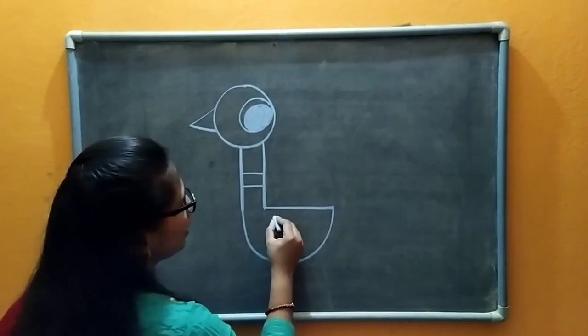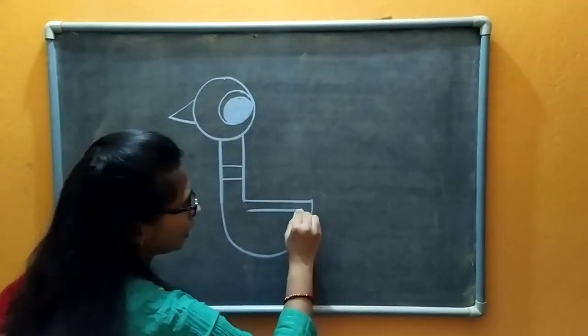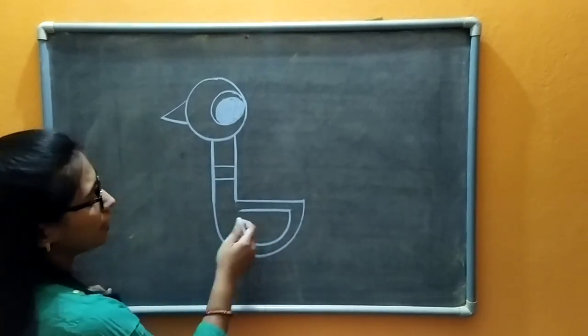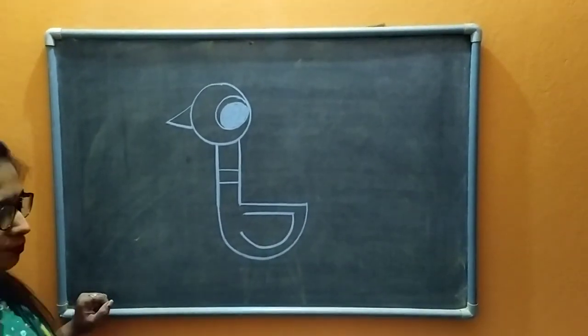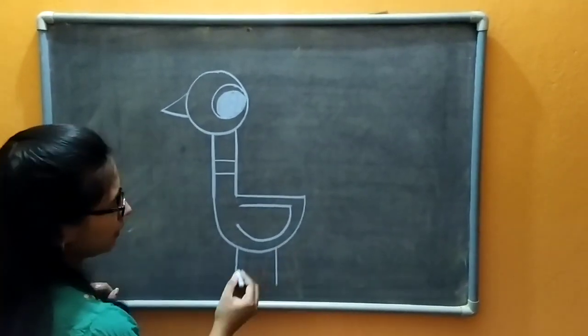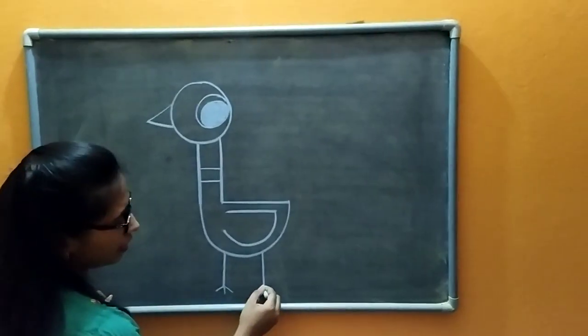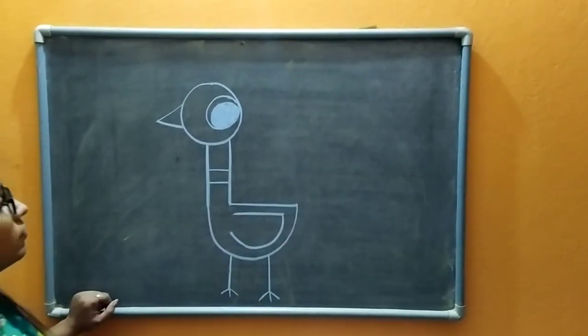Fine. Then I am going to draw wings. One sleeping line and turn it. We don't have to touch. Fine. Then draw its legs like this. 1, 2, 3. 1, 2, 3.